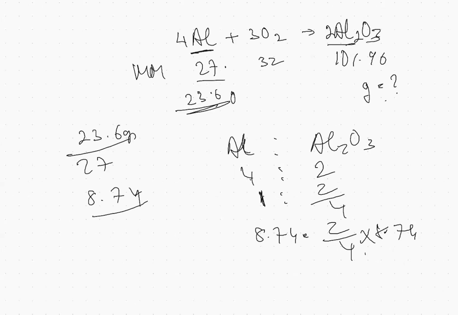But they're asking how many grams, so multiply by aluminum oxide, 101.96.